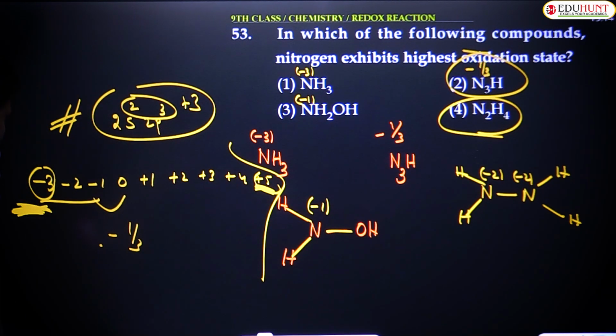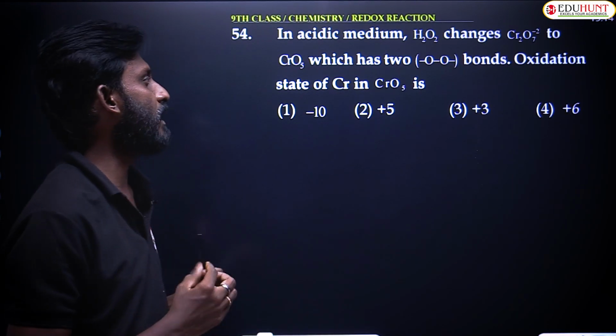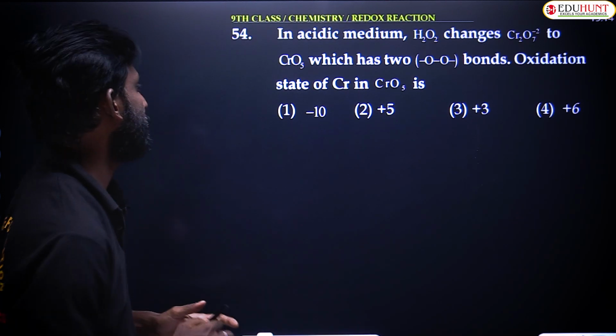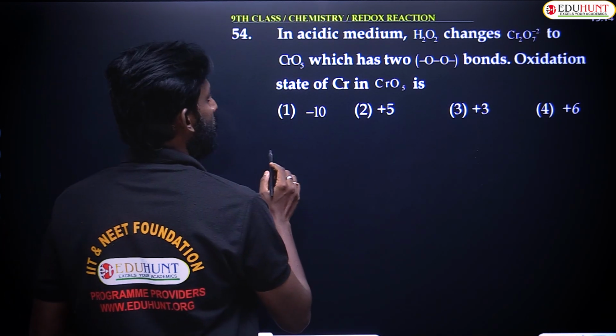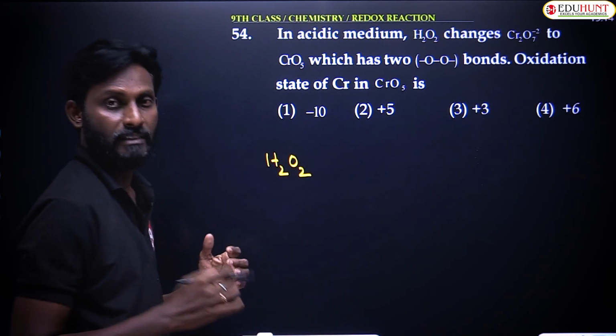Next, in acidic medium, H2O2 changes Cr2O7 2- to CrO5. H2O2, you know, can act as both oxidizing agent and reducing agent.